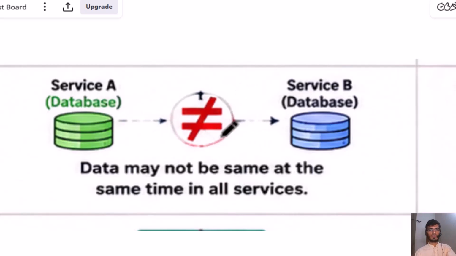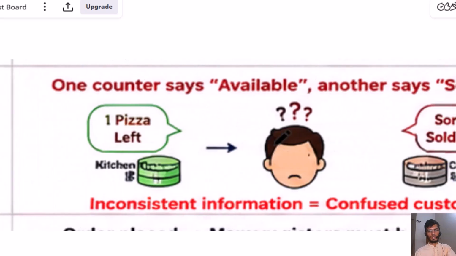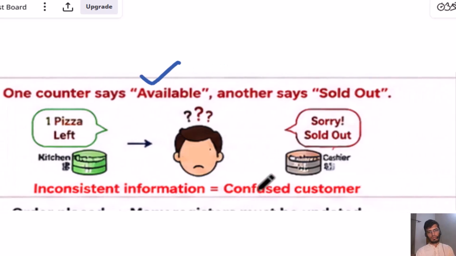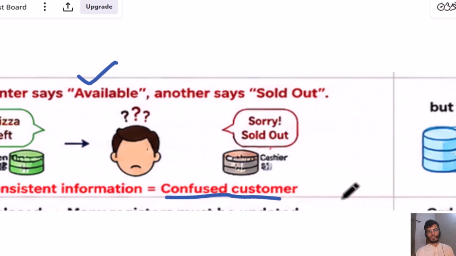Why? Because of the failure. In a real world analogy, a customer asks the dining center whether pizza is present. One counter says yes, available, and another says sold out. So there is inconsistent information, and the customer will be confused.